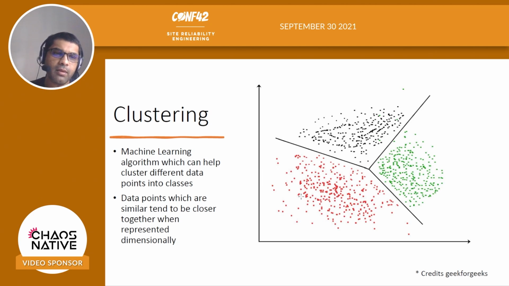The data points that are similar will be closer to each other when you represent them dimensionally. The methodology is clustering, and there are many algorithms to do that.